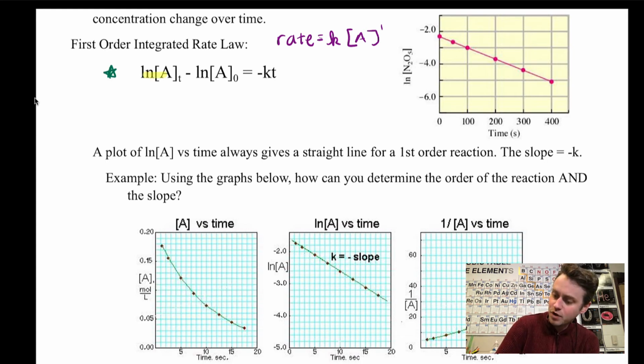which is the first order integrated rate law, in order to calculate either what concentration we would expect to have at a certain time, or at what time would I expect to have a certain concentration. Just to point out what everything is here, this is my initial concentration.